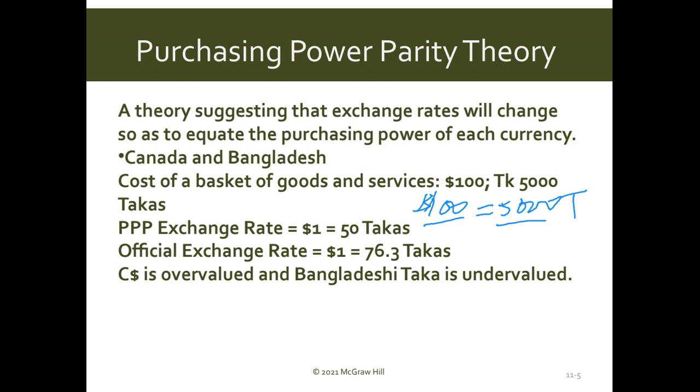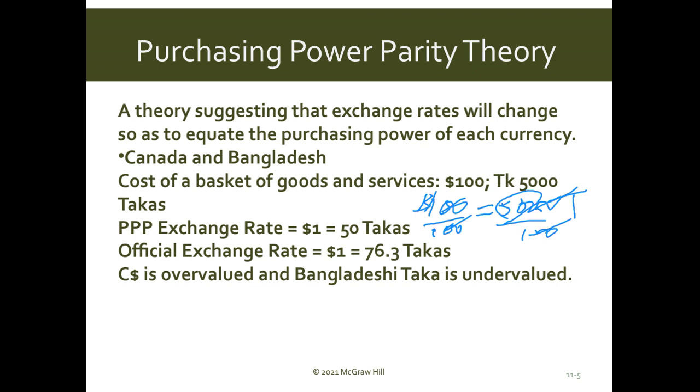Therefore, $1 must be equal to 50, right? Because I'm dividing both sides by 100. If I divide both sides by 100, I get $1 equals 50 takas, which I have written here. So according to purchasing power parity exchange rate, one Canadian dollar should be 50 takas.